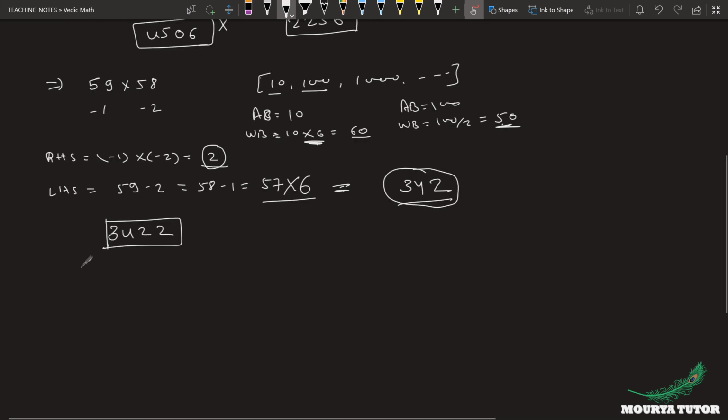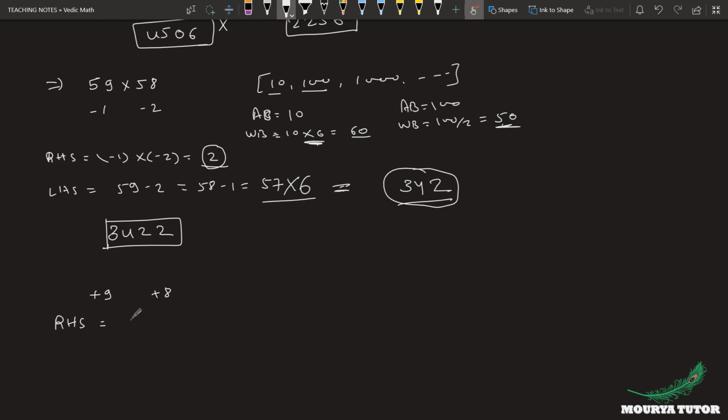Alright, now let me do the same thing with the working base 50. If you have the working base 50, then the differences will be plus 9 and plus 8. Right, now find out the RHS.